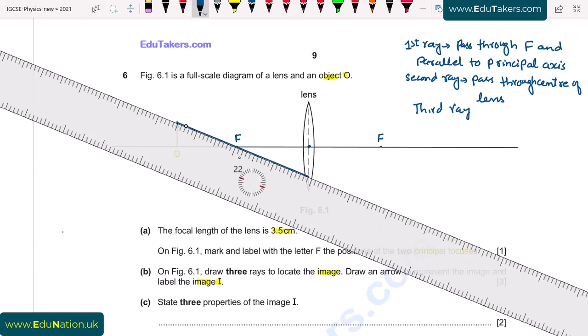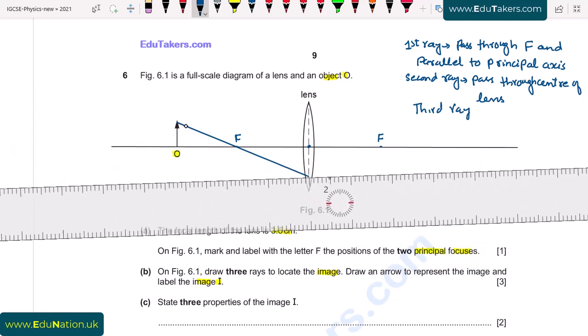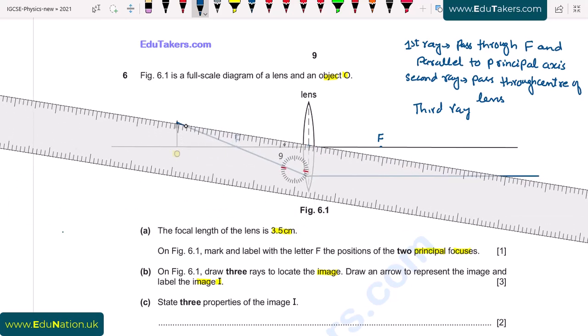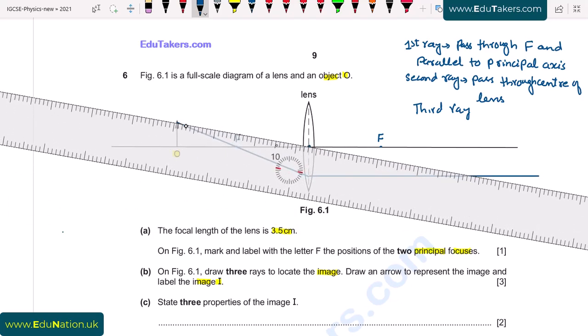And then by refraction by this lens, it becomes parallel to the principal axis. So this is the first ray. Second ray passes through the center of this lens and goes straight.